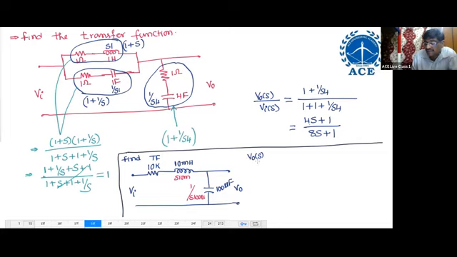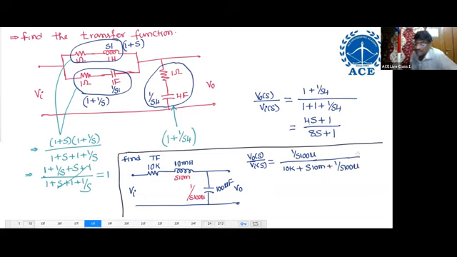V0 of S by VA of S equals the impedance across the output, 1 by SC, where C is 100 micro, divided by 10 kilo plus SL, where L is 10 milli, plus 1 by SC, where C is 100 micro. Now simplify this.